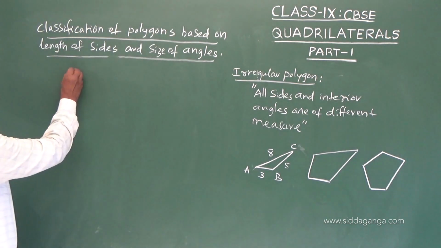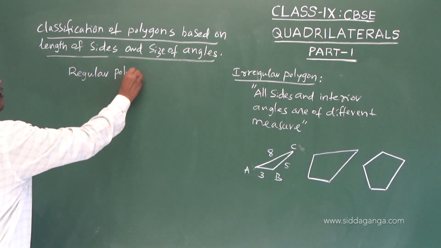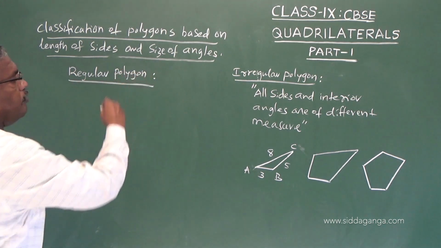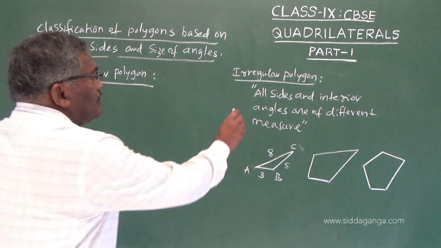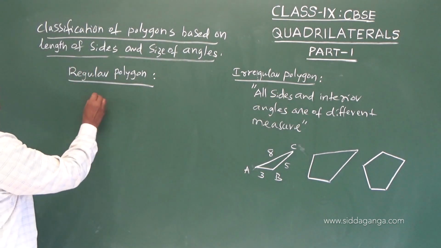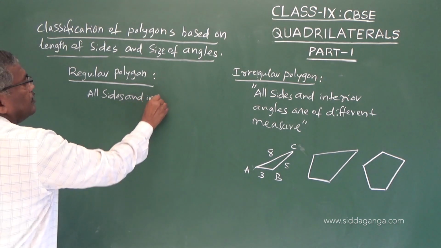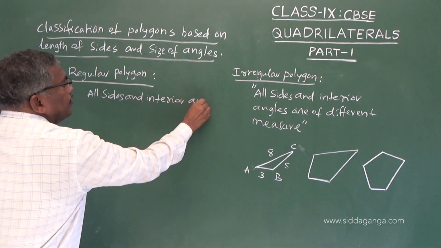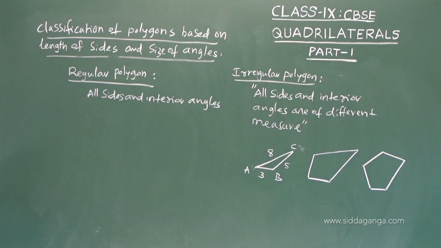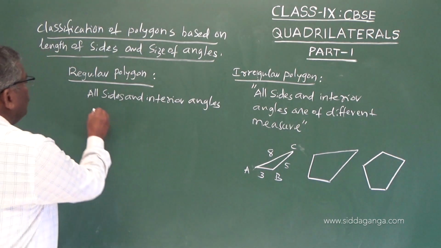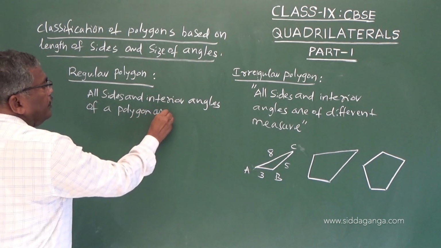Now, regular polygon. Just the reverse of this: all sides and interior angles of a polygon are equal.